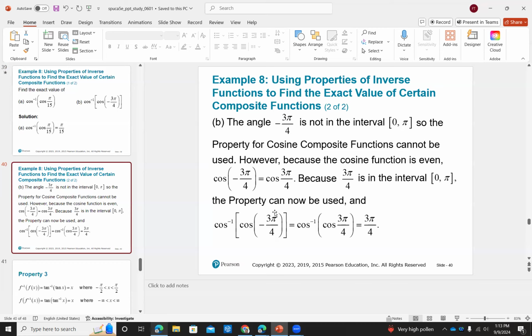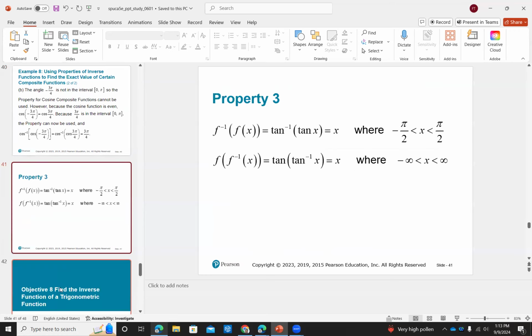You can get a fraction for this, and when you think backward, who is the angle whose cosine value is this fraction, you get 3 pi over 4. When we look at the property with tangent and inverse tangent, the same property applies.